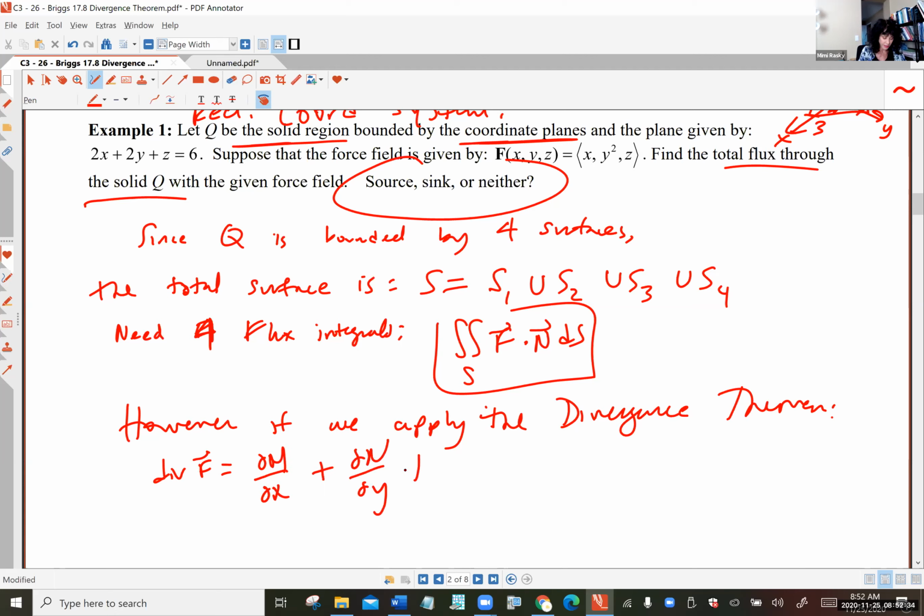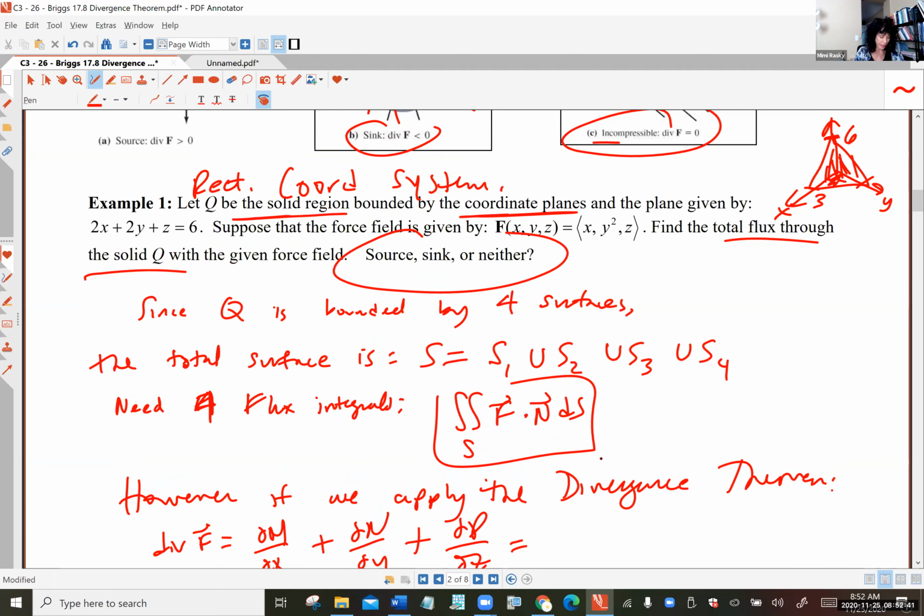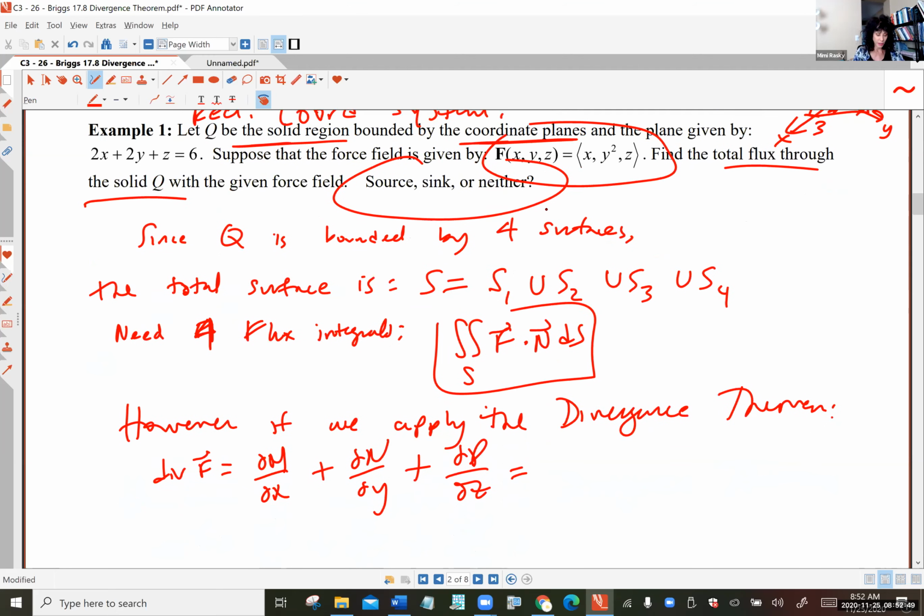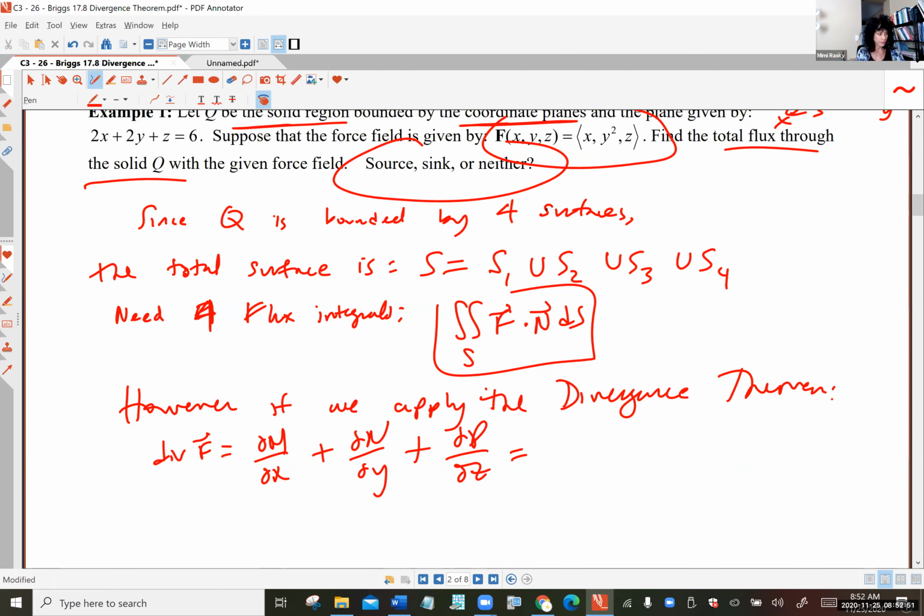Surprise, surprise. You guys know how to get divergence because that was on the quiz for Monday, and we did it last Friday. So if your vector field has components x, y squared, and z respectively, what is dM/dx? Just one. 1.